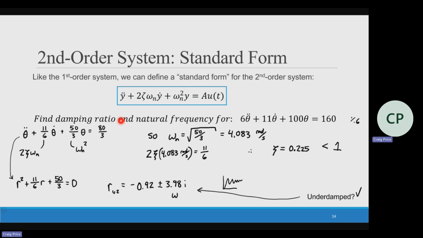It's got roots that are complex with negative real parts, so they have oscillations until they reach a steady state. That's what underdamped means. If that polynomial changes enough where I get an overdamped system, I'm not going to have oscillations. I'm just going to have real roots in that case.